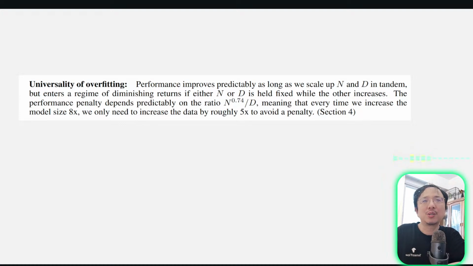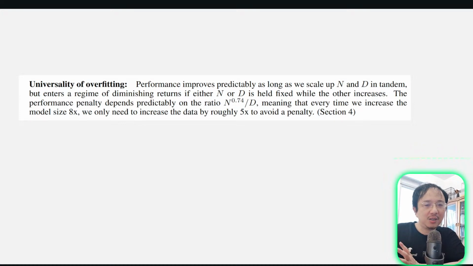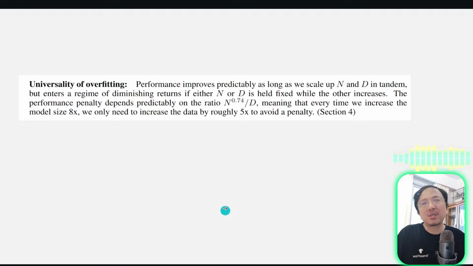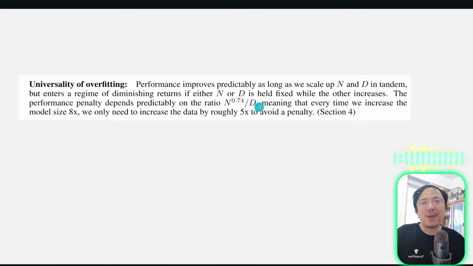So you have to increase N and D together using their rule. The rule is a power law: the ratio of N to the power of 0.74 and D should be fixed.